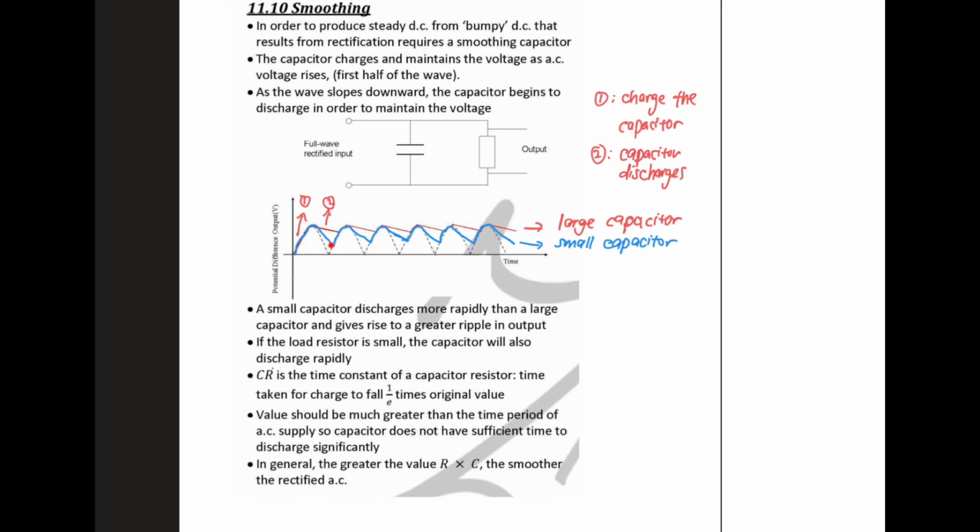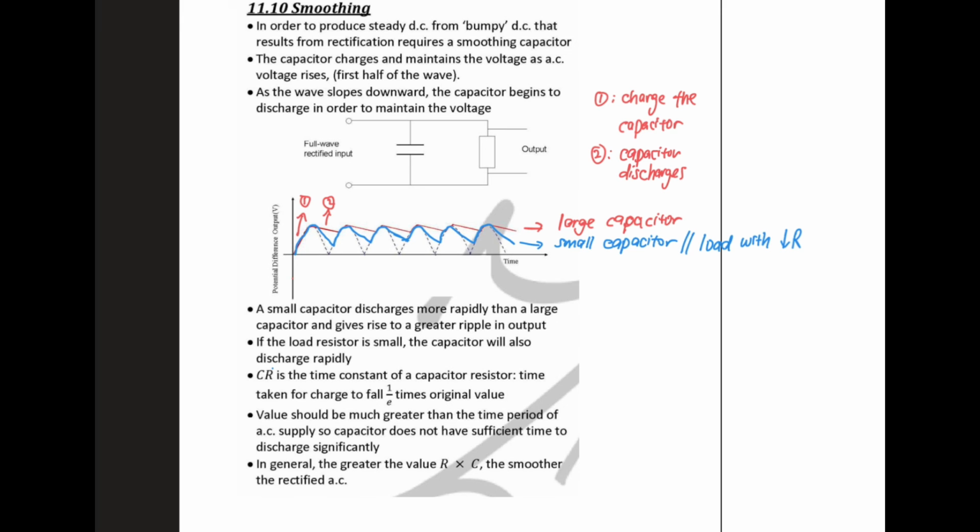So the blue graph happens in two situations. The first situation is if you are using a small capacitor with small capacitance, then they go down very fast. The second situation is when you use a load with low resistance, then the capacitor discharges very fast also.